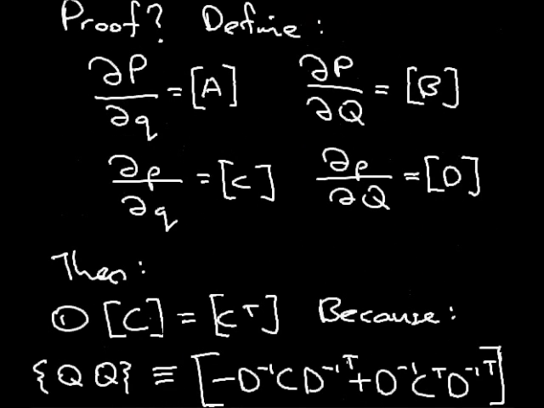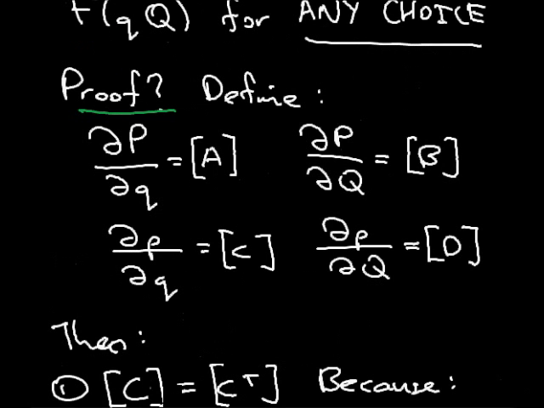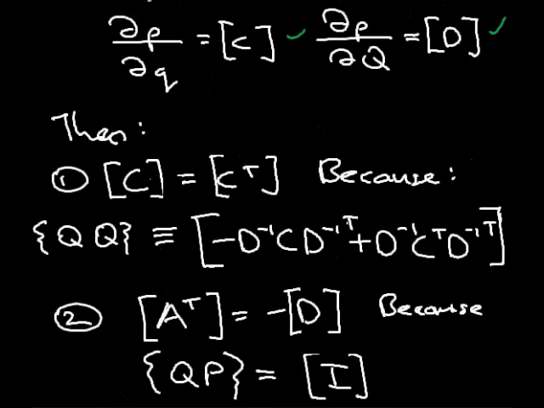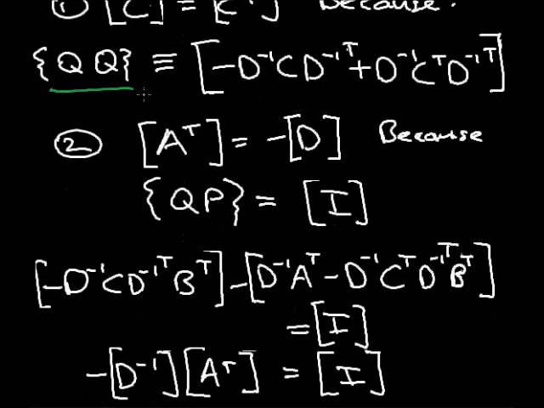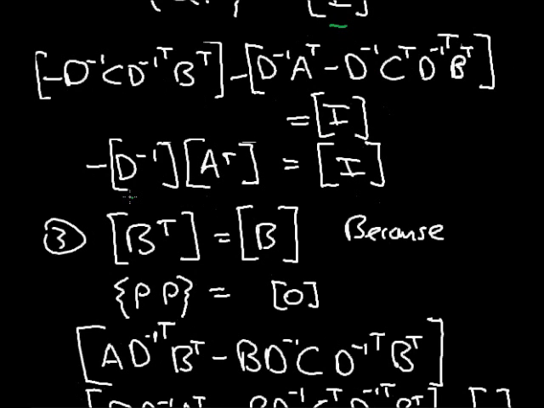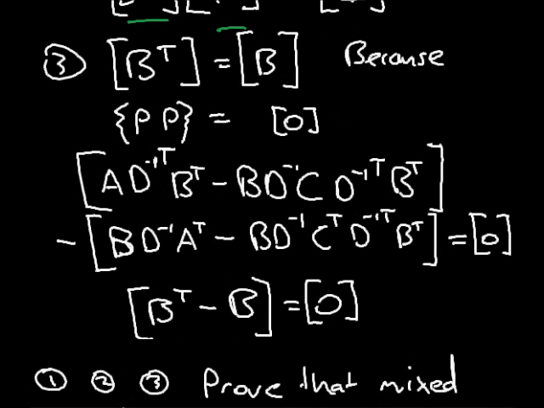We can prove that you get the correct answer by running our logic backwards. Let's define the A, B, C, and D matrices. We know that the QQ brackets all vanish, thus confirming that C is symmetric. We know that the matrix of QP brackets equals the identity, confirming that transpose A equals negative D. And finally, the PP brackets vanish, confirming that B is symmetric too.